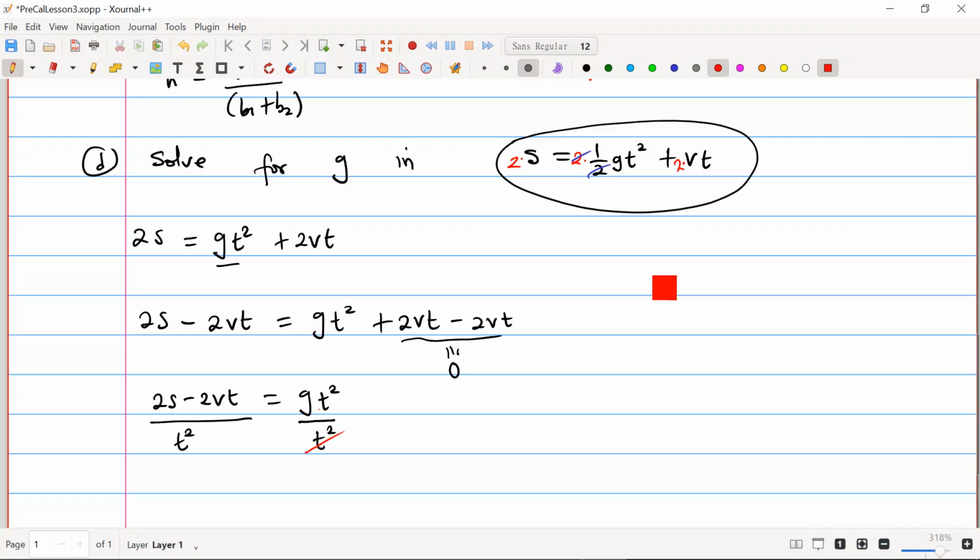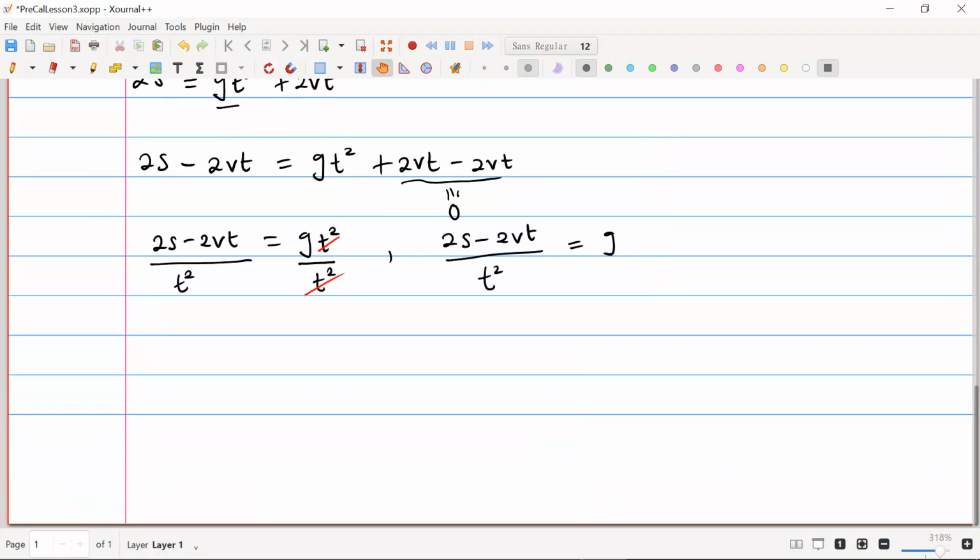So this t squared will cancel t squared, and all I'm going to get is 2s minus 2vt over t squared is equal to g. And so if I want to write g as the starting variable, g is equal to 2s minus 2vt over t squared.